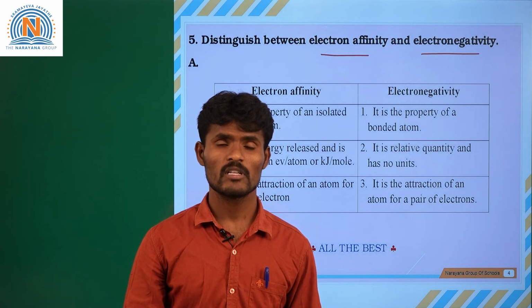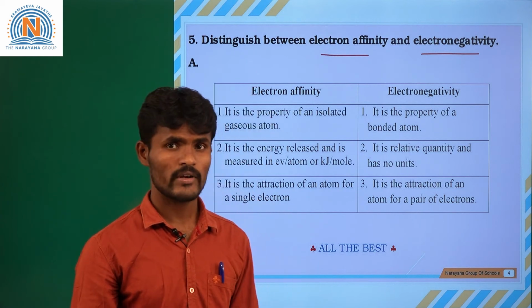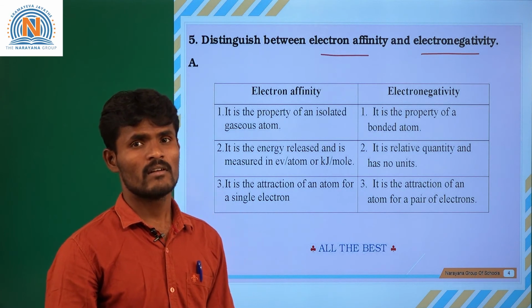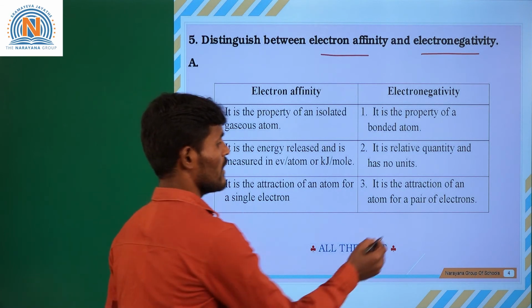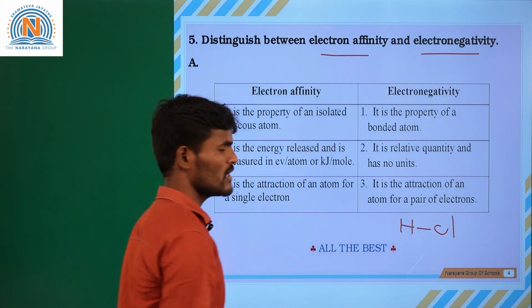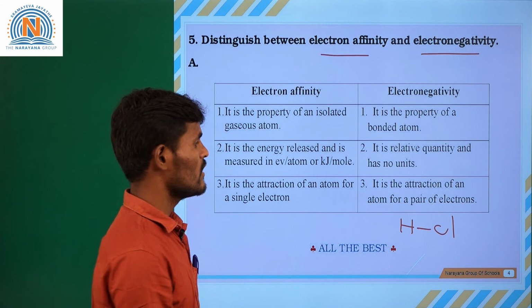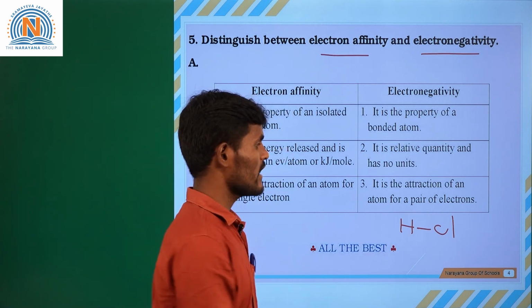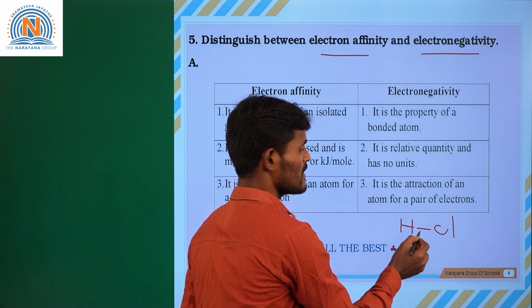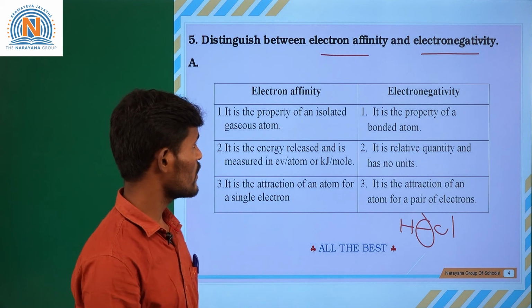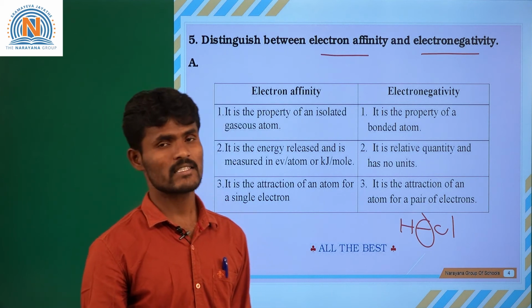For example, HCl, hydrogen chloride. Between hydrogen and chlorine there is a covalent bond. Chlorine is a more electronegative element than hydrogen. Electronegativity tells about bonded atoms, whereas electron affinity tells about isolated gaseous atoms.